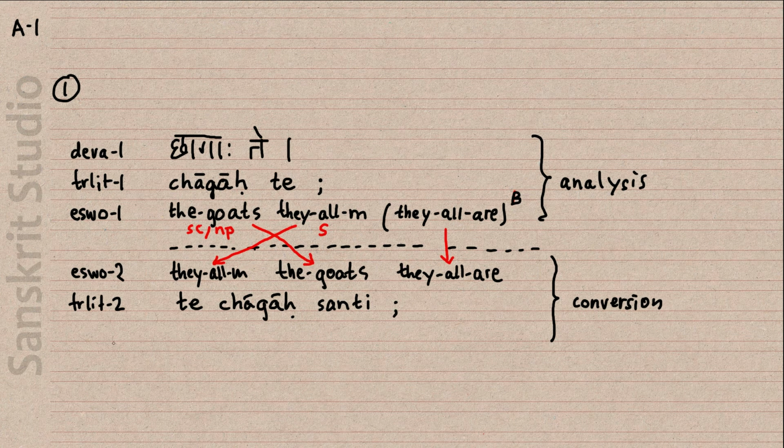Okay, so now that is done, and now we do our last Deva 2 line, where we just produce this in Devanagari instead. Like that.